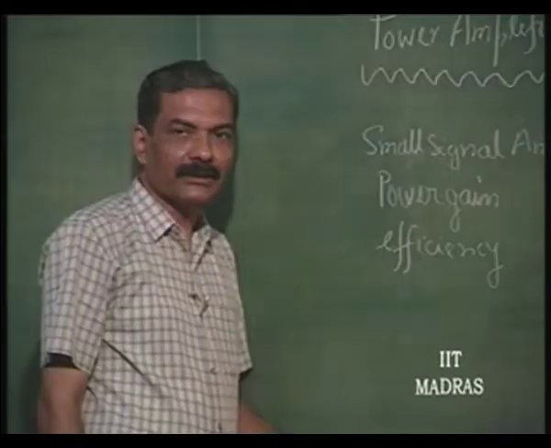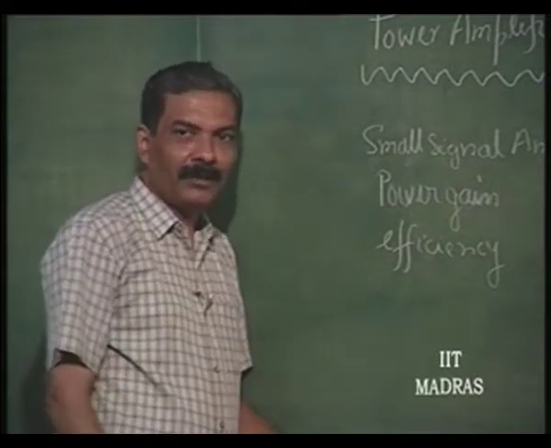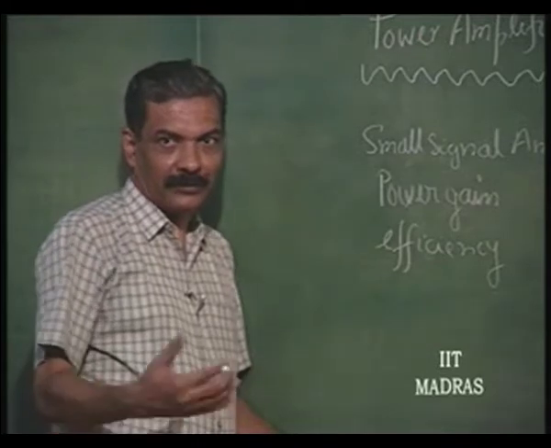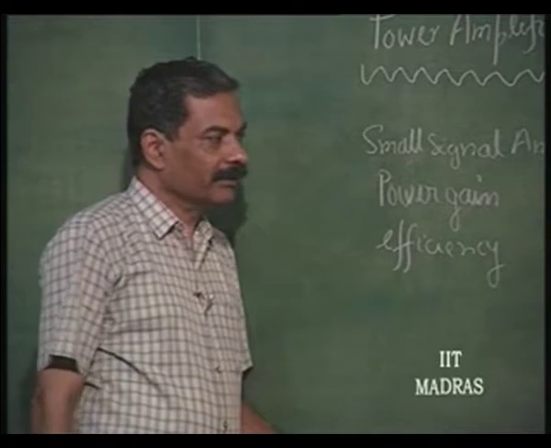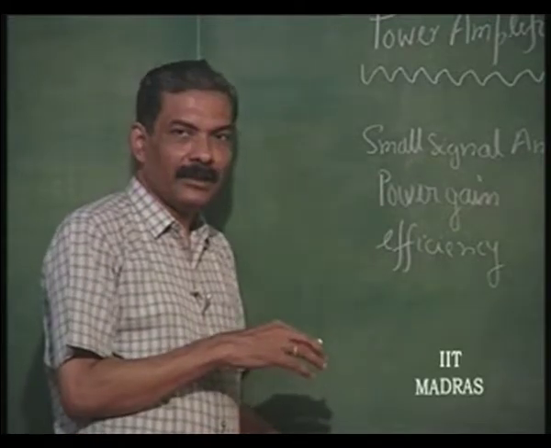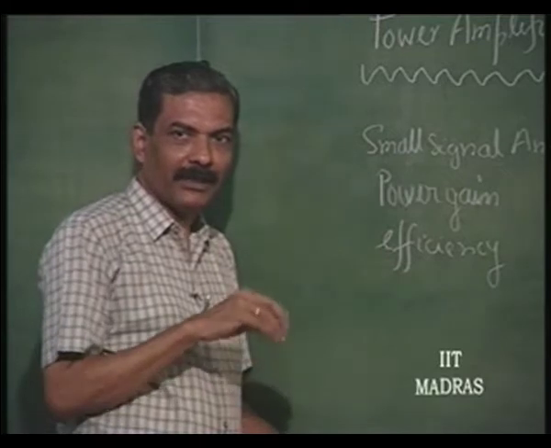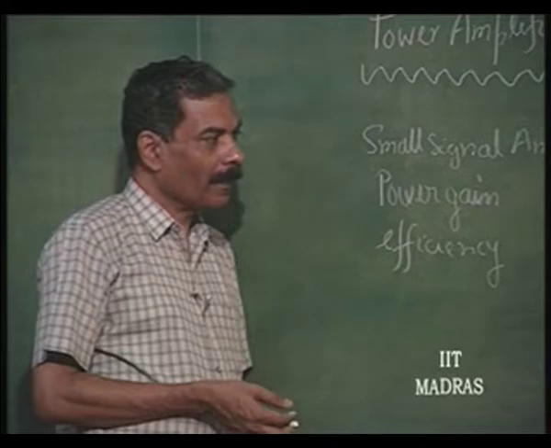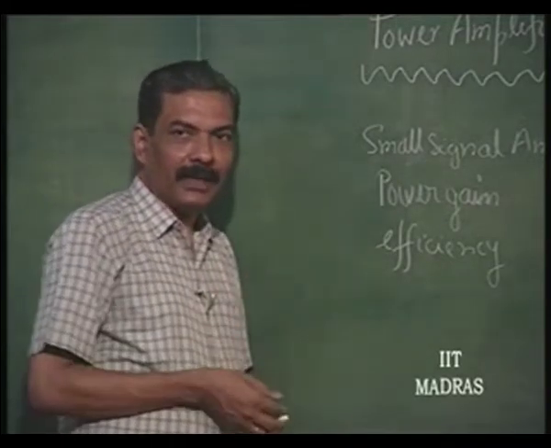What is efficiency? After all, you feed some input power and you get power gain, a huge value of power gain. How do you get this gain? The signal has low power input at the input stage of the amplifier, and at the output it has been amplified considerably. This power comes from the DC bias.